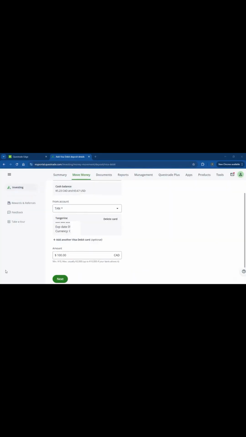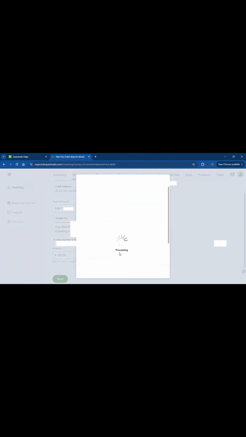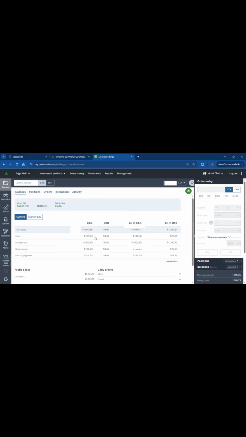So let's deposit $100 for this month. You say next, then click confirm. So now we have our balance here. We have 105 that we can invest in dividend stocks that pay us dividends monthly or quarterly.